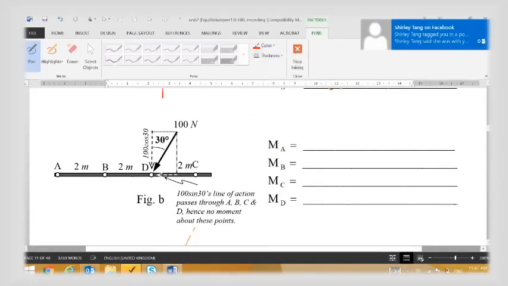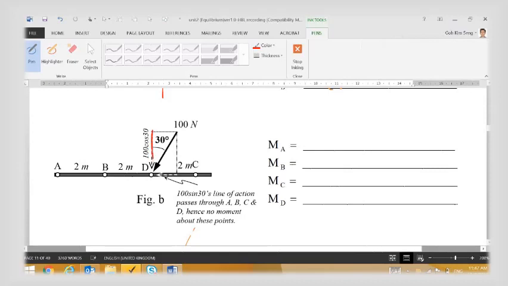If we resolve the 100 newtons into two components, our vertical component is 100 cos 30, and our horizontal component is 100 sin 30.